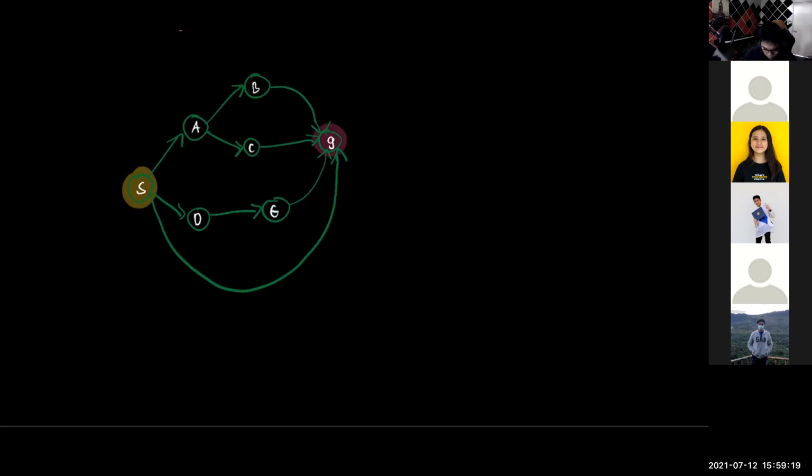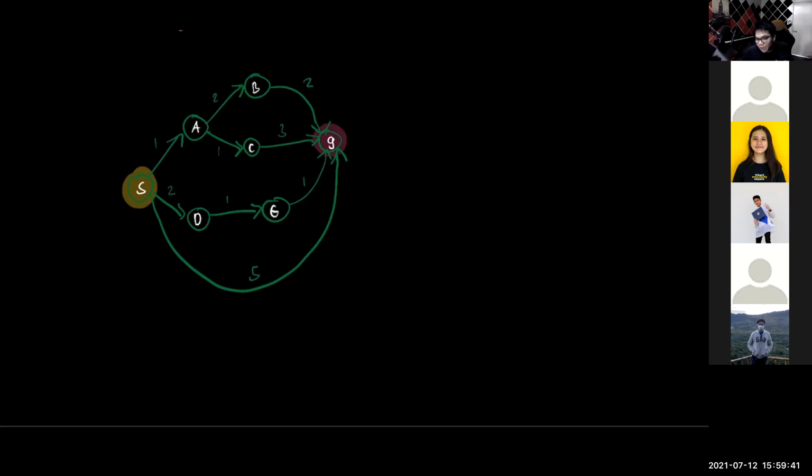Okay, so let's assign specific weights to them now. So this could be 1, this could be 2, this could be 2 again. Let's call this 1, this could be 3, this could be 2, this could be 1, this could be 1, this could be 5. Okay.